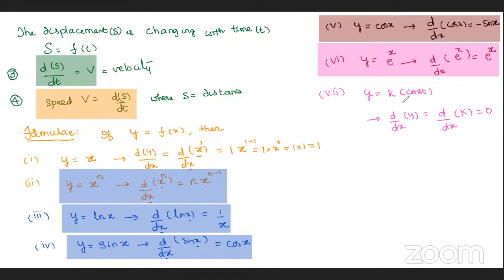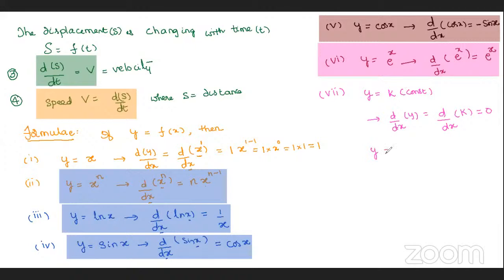That's why anywhere in numericals, either maths or physics, if you get the differentiation of a constant, directly you can put the value as zero. Keep in mind, only k, not along with some variable.